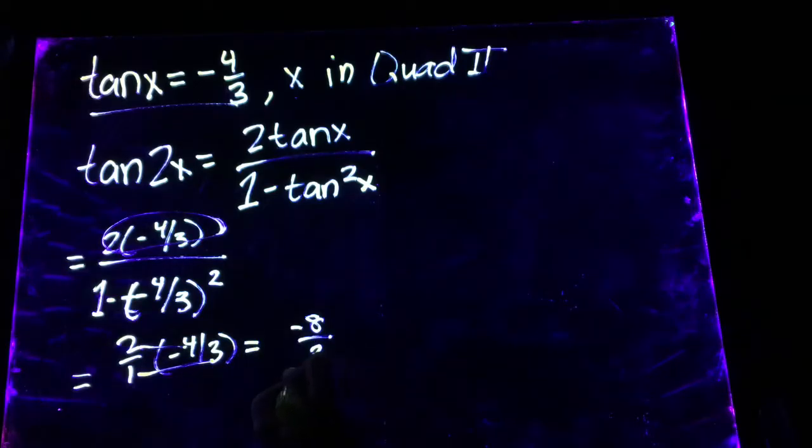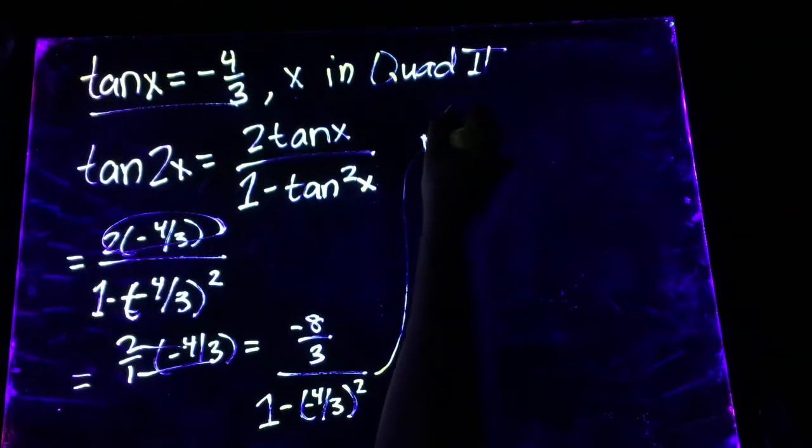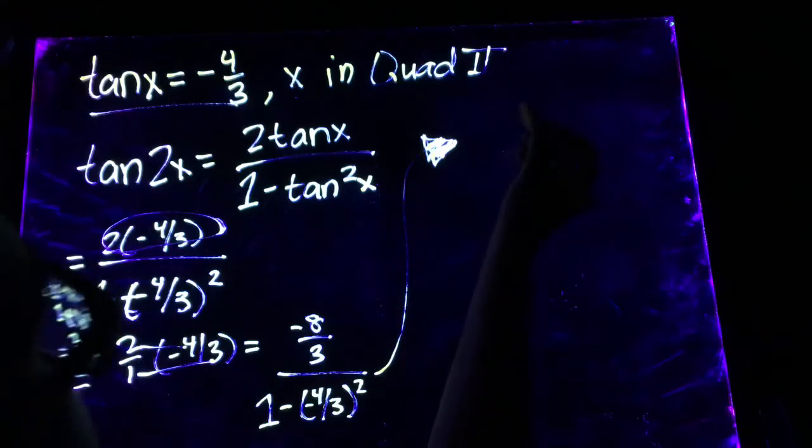So you have negative 8/3 over 1 minus negative 4 over 3 squared. I'm going to go up here where I have some more room. Negative 4 over 3 squared is just 16 over 9.